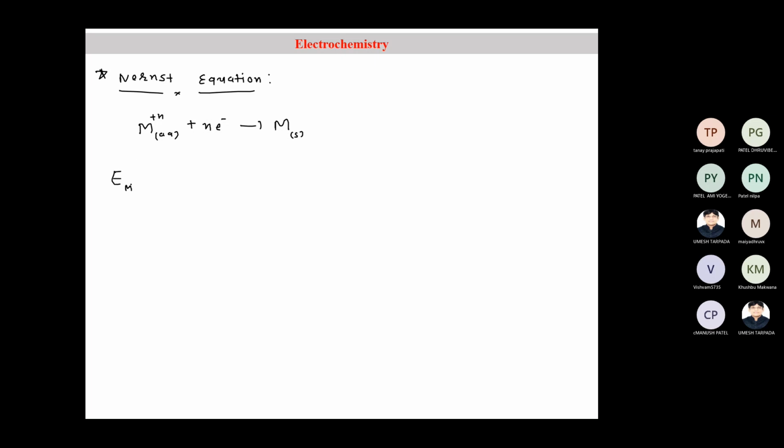E cell is equal to the standard cell potential minus RT upon NF ln concentration of product, that is M in solid form, divided by concentration of reactant.